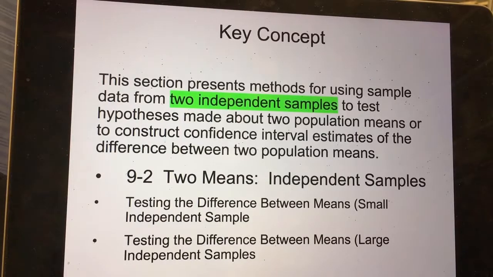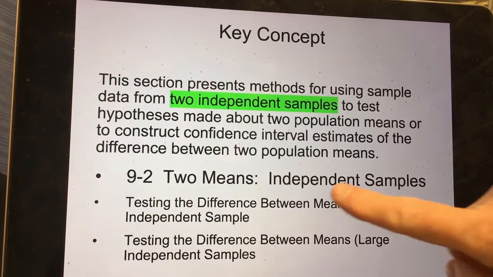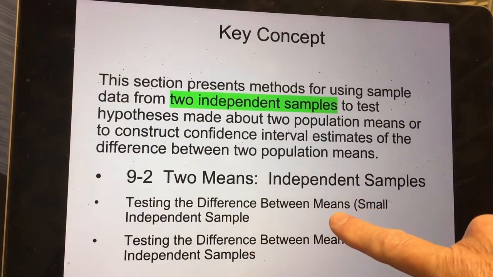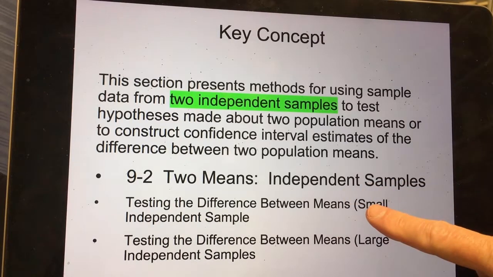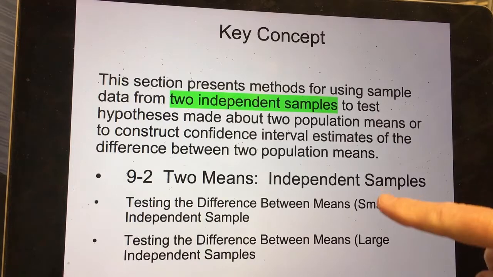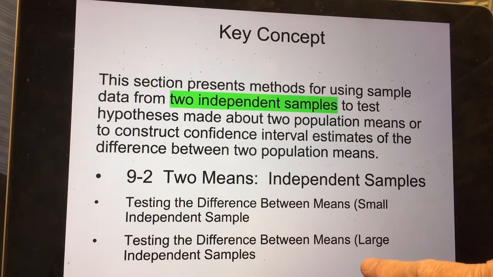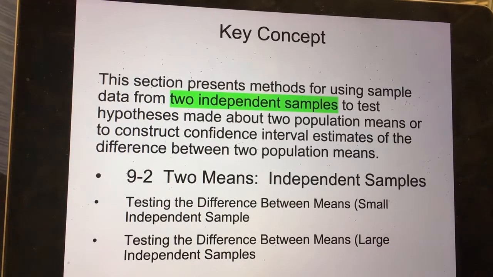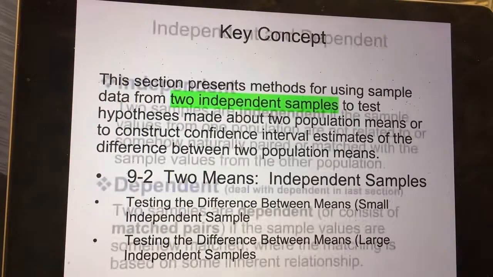So here we go. We are starting 9.2, and notice 9.2 is all about testing the difference between means. We're going to start with small independent samples. That's what we're going to do most of, and then we'll have a very brief discussion about large independent samples towards the end of 9.2.